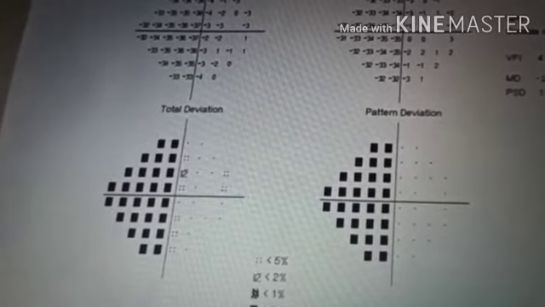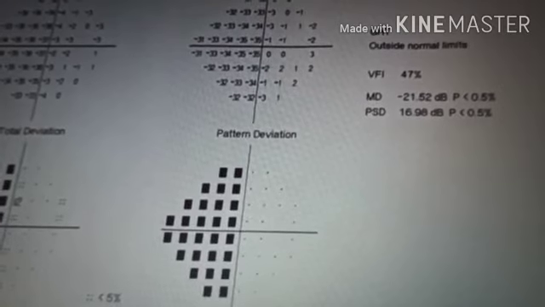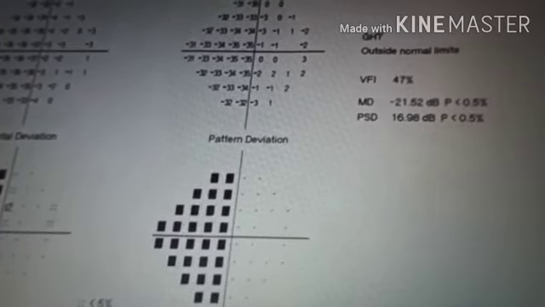So it easily compares each point with the age norm values. Now the pattern deviation mainly highlights focal loss or any type of loss which may be suspected from a pathological process, for example cataract, uncharacteristic refractive error, etc.